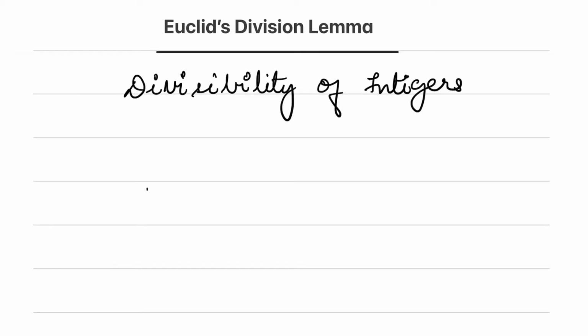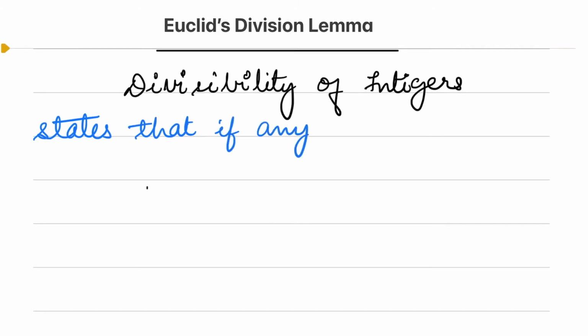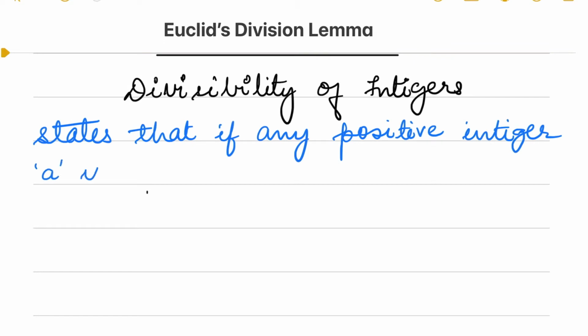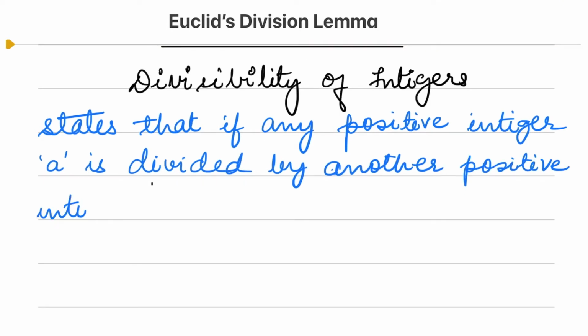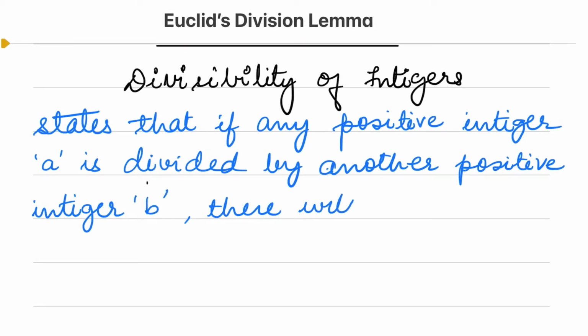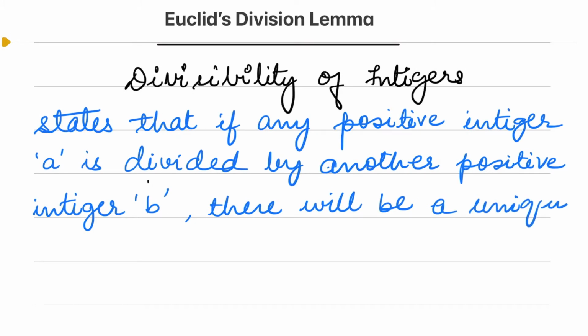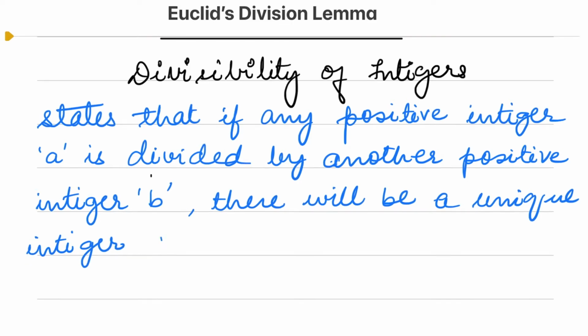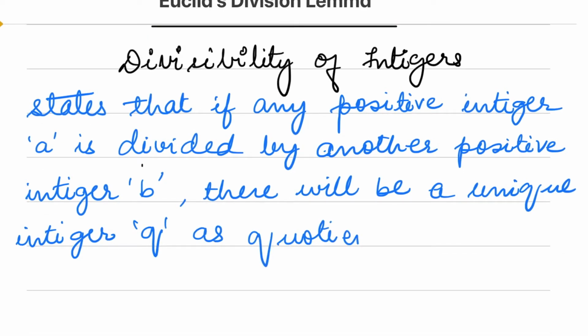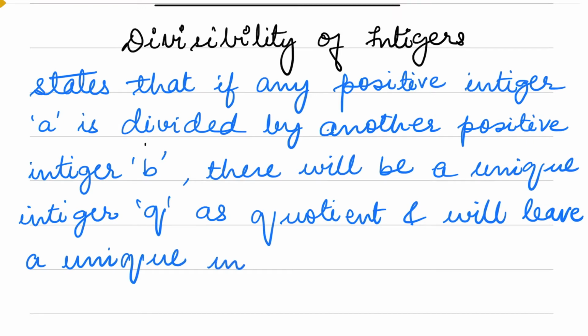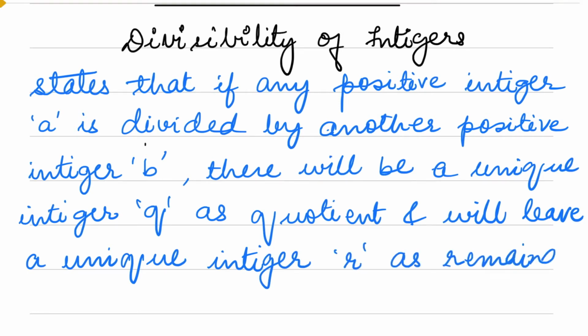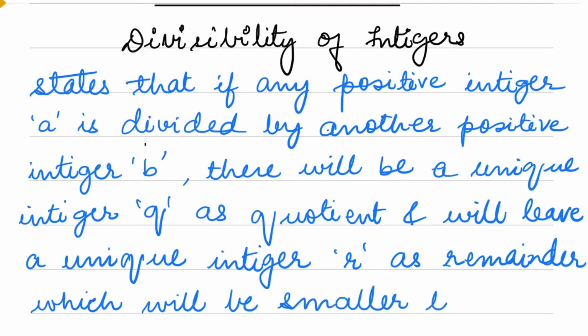Divisibility of integers states that if any positive integer a is divided by another positive integer b, there will be a unique integer q as quotient and will leave a unique integer r as remainder, and this remainder will be smaller than b.